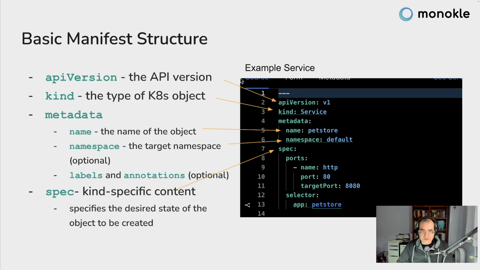But you can also use annotations to put any metadata that you need internally for your application, so you don't need that to be part of the API and be used by Kubernetes. You can use annotations as an option on top of that. And then for every kind and every API version, you have the specific content that is defining the spec, and depending on whether it's a service or a deployment or a pod, you will have different parts inside that.